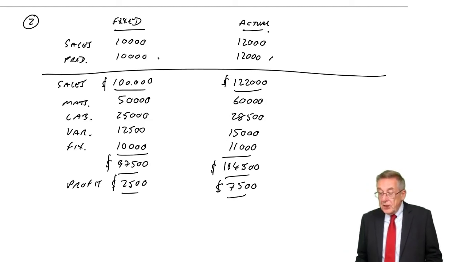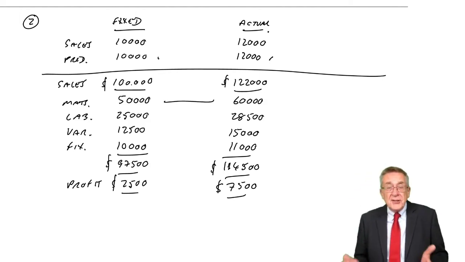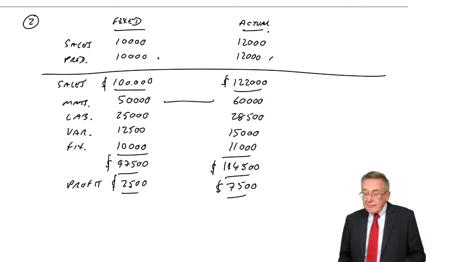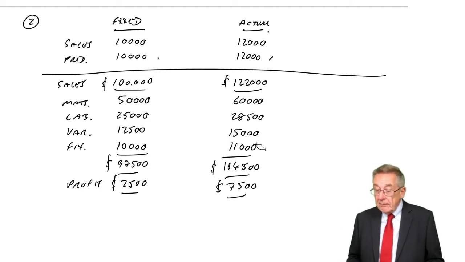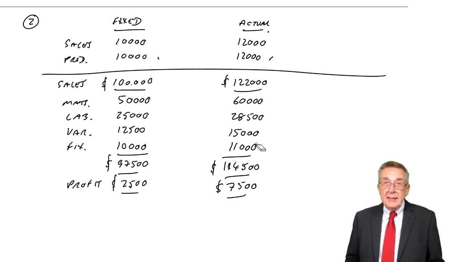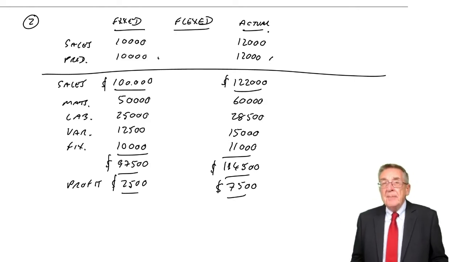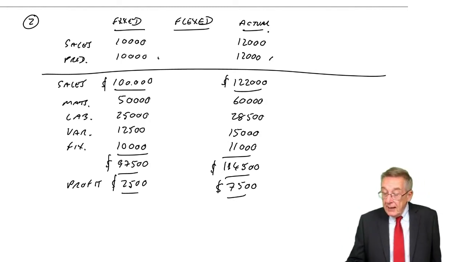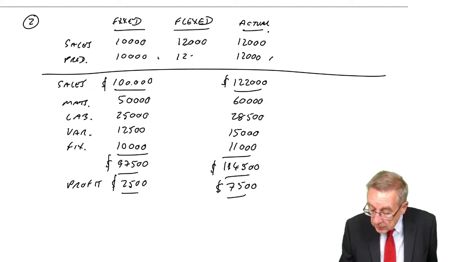If we produce more units, obviously we spend more. It's just not fair. It's not sensible to compare 60 with 50. And so if we're using the budget for control, we rewrite the budget. We flex the budget. And we rewrite it for the actual level of activity, for the actual sales, the actual production.